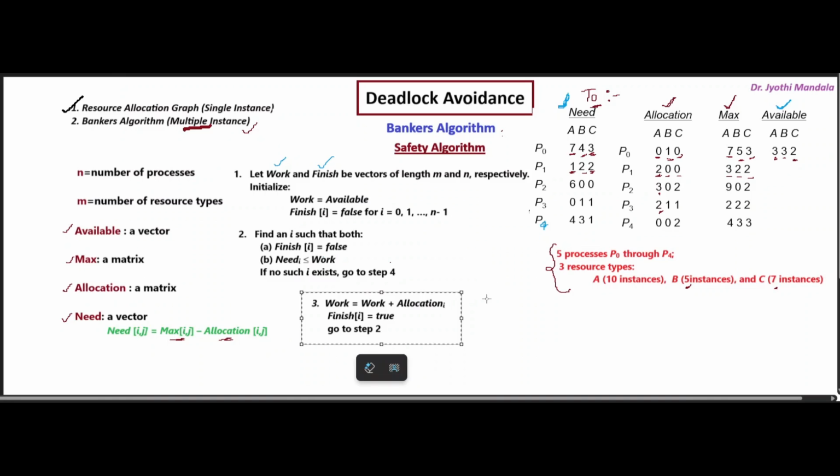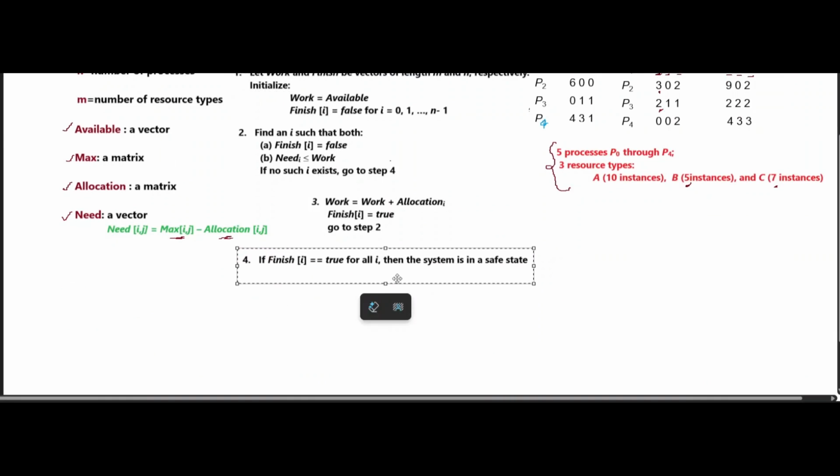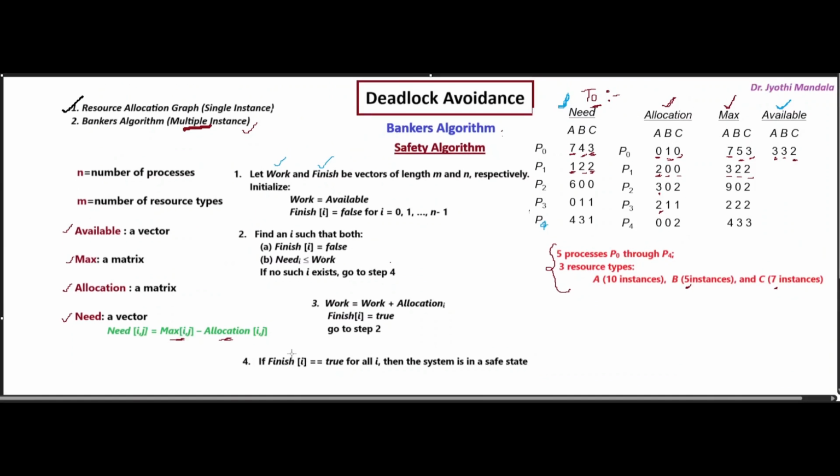Finally, if we find an order where all the processes have completed execution and the finish value for all has turned to true, then we say the system is in a safe state. This is the important part.